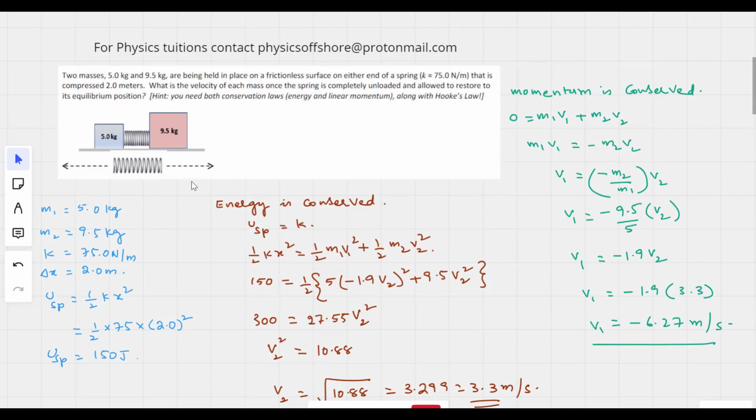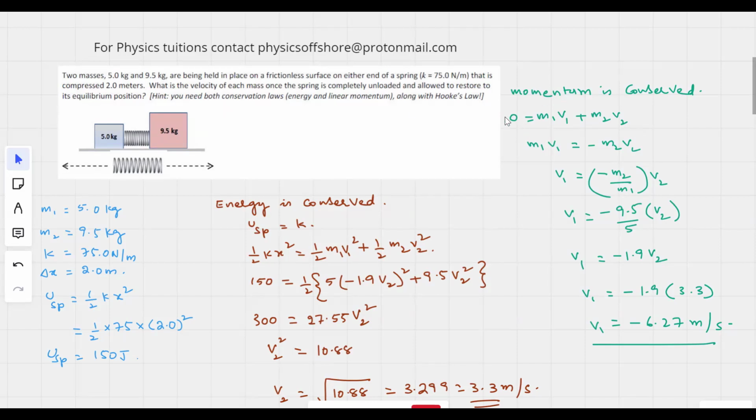Here in this system, the momentum is also conserved. Therefore, let us write the conservation of momentum equation. Initially, the blocks are at rest, and once the spring is completely unloaded, the masses will move with two different velocities.